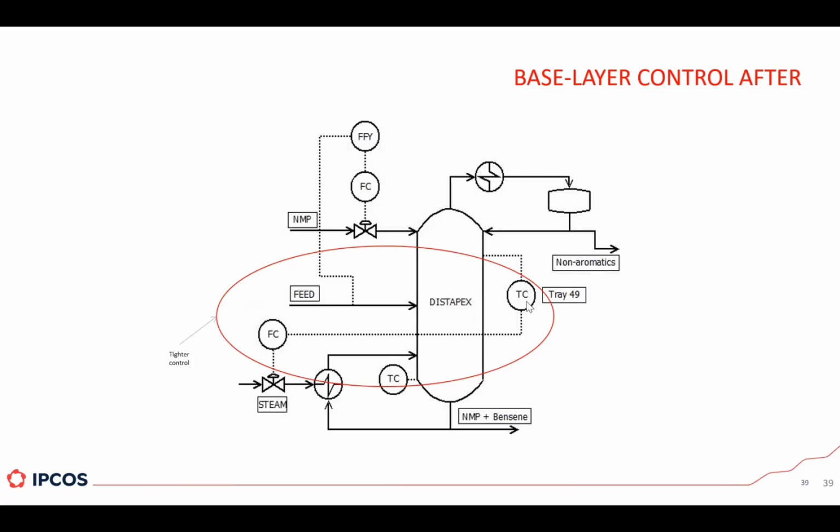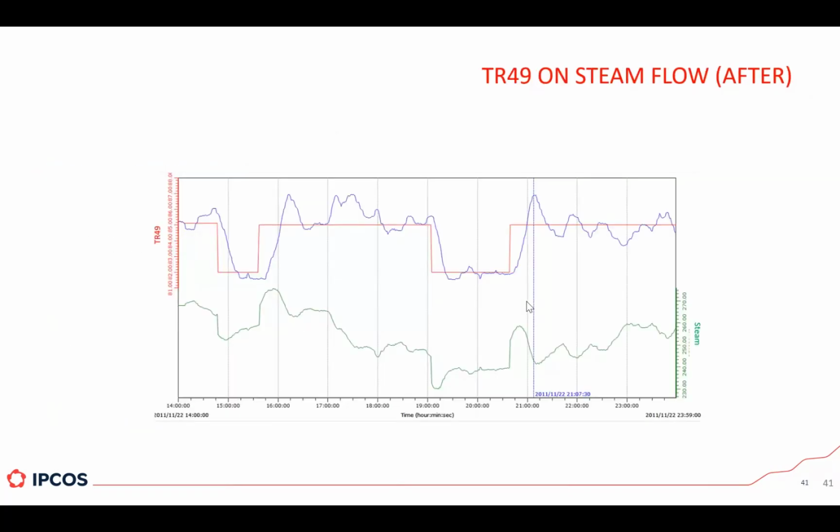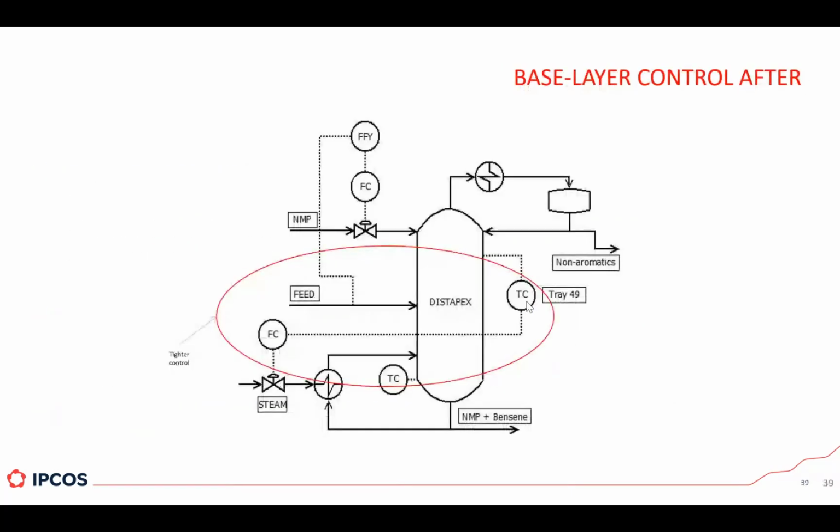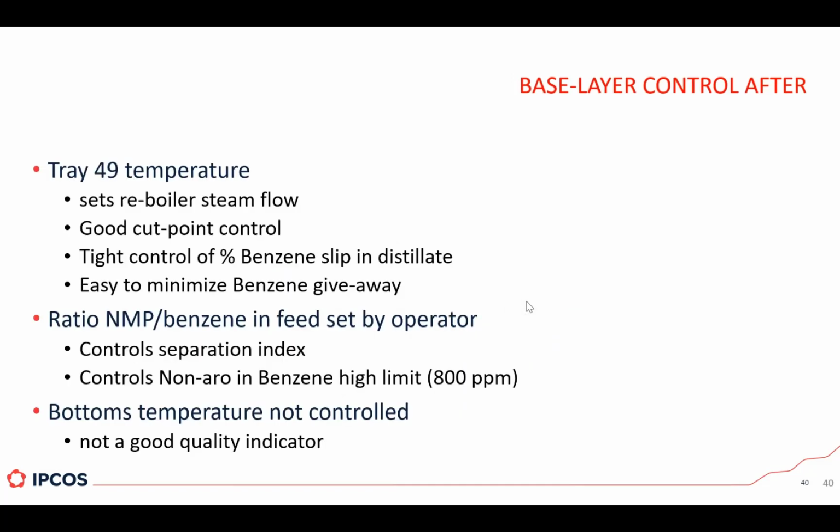The challenge here was that obviously the control is not as fast as you would want it to, because again, you have 49 trays until you see the effect, but it doesn't mean that it cannot work. With proper tuning, it can work, and this is what we found. We were able to set up that temperature controller.